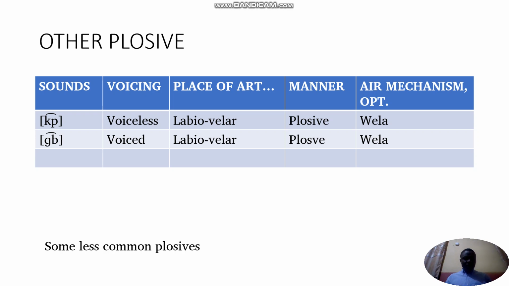Some other plosives that we also study include the labiovelar plosives, P, A, Ba, and B, A, Ba.